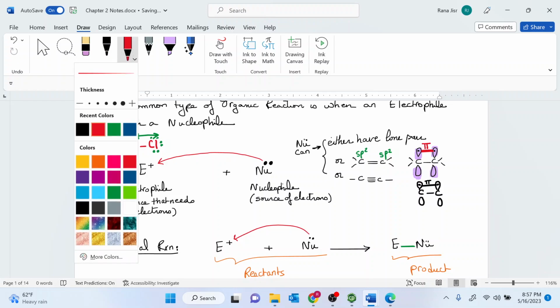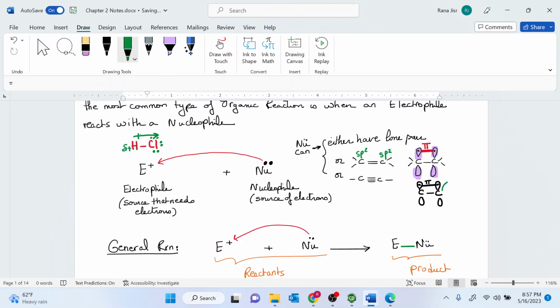And they are also made up of the pz that can overlap to make another pi bond. So I can break one of these pi bonds and I can make use of the two electrons in order to share those electrons with the electrophile.